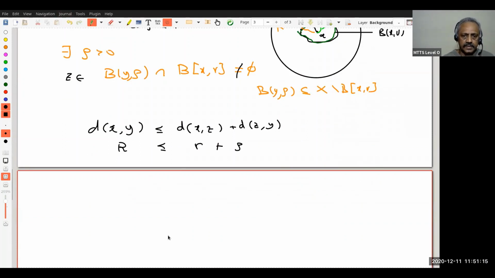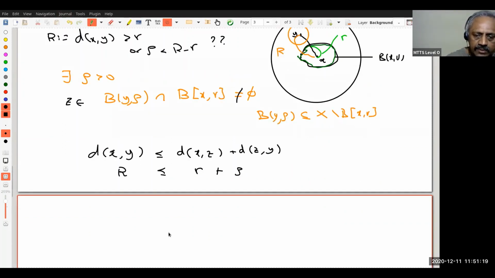So what is it that I want to know? Let me see: distance between x and y is equal to R, therefore R is less than this. What does that mean? R minus r, this is x and z.